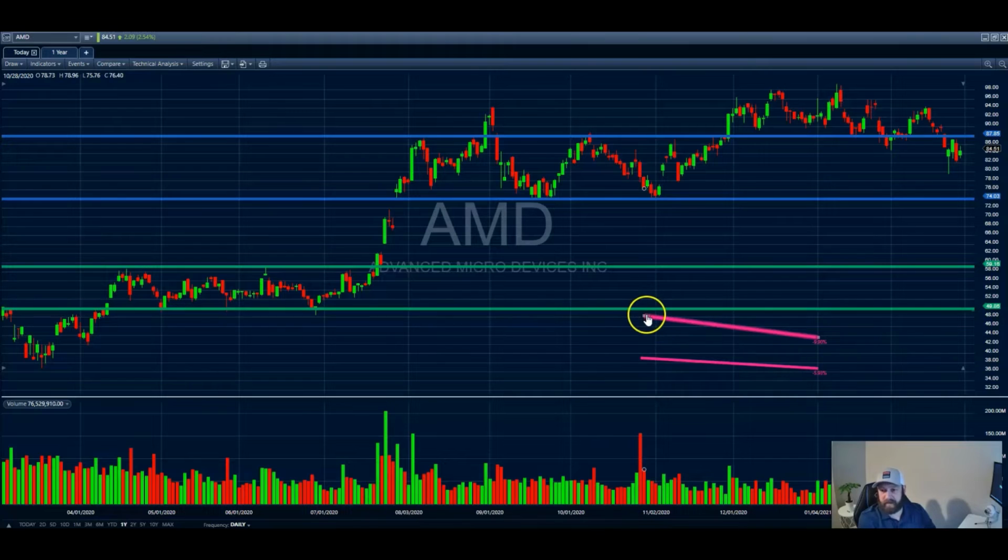A channel, again, should be parallel to each other. They will never cross. And then a triangle, they will be sloping towards each other, like this. But again, they're going to accomplish the same purpose. It's all consolidation and is all the same thing. So triangles, channels, and wedges.